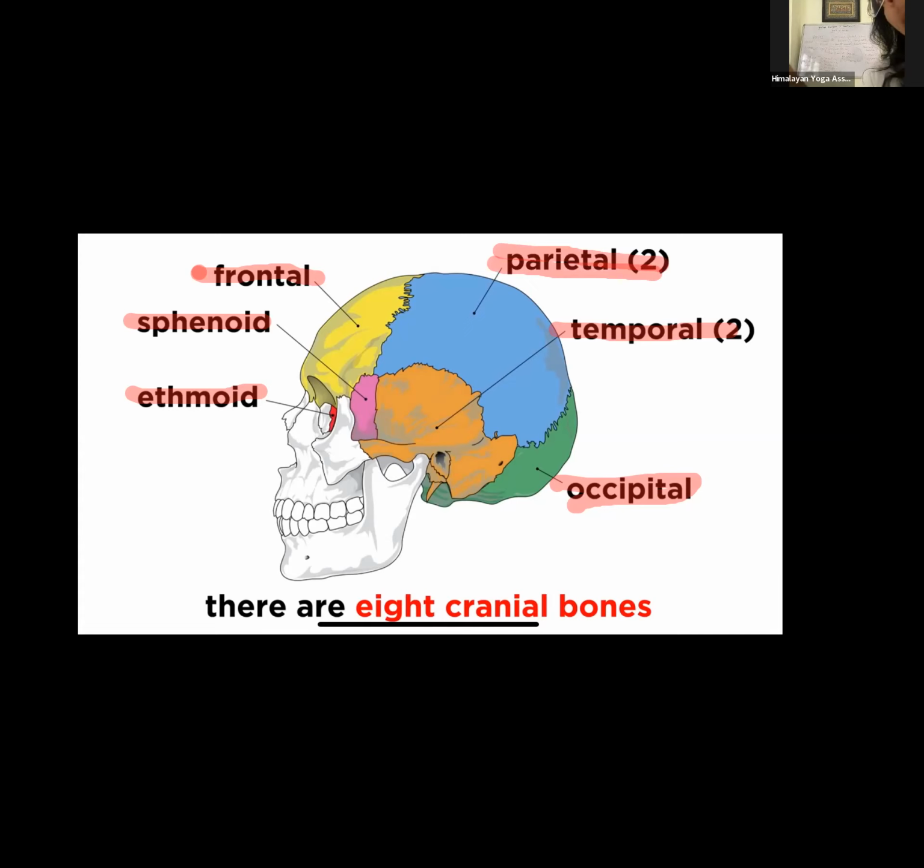Now, you see, these bones are connected. They have immovable joints, and they are not straight lines.